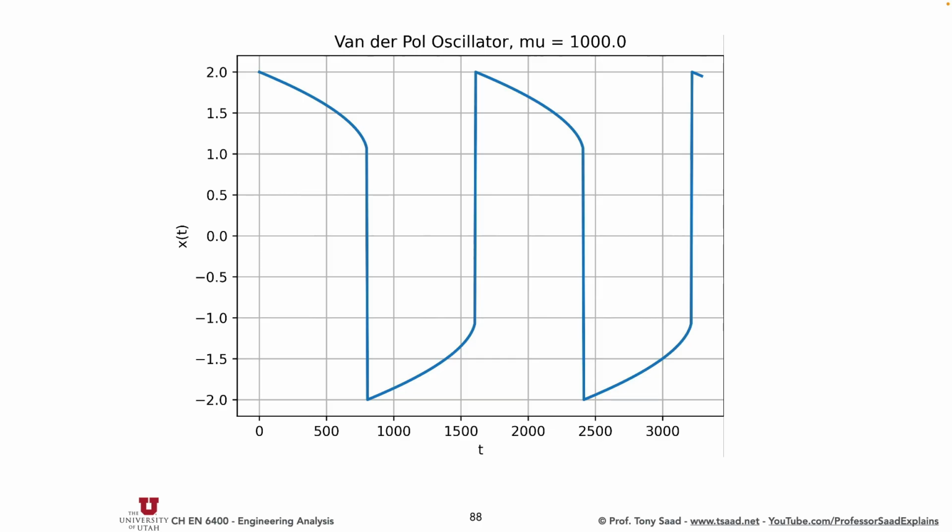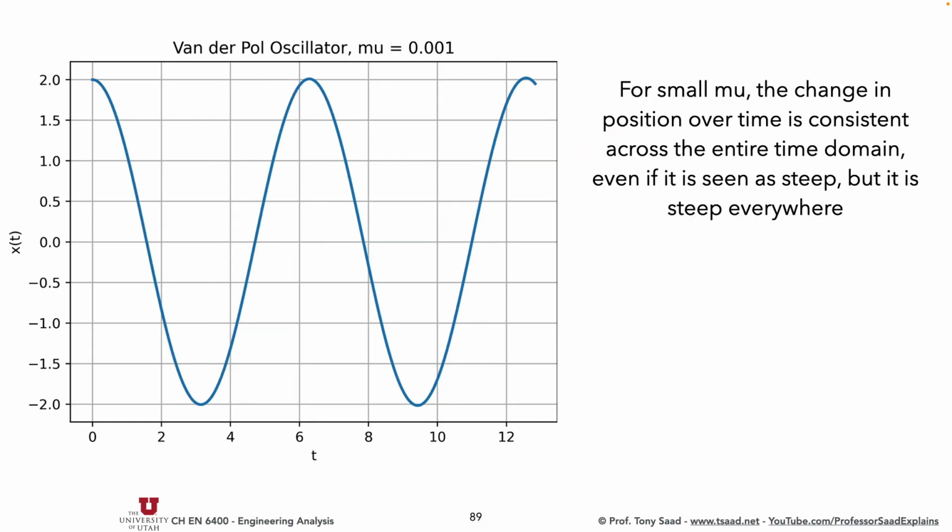But notice what's going on. The scale on the x-axis is so large. Now, observe this, and keep an eye on the x-axis as well. For small mu, the change in position over time, or the rate of change, is consistent anywhere you find yourself.